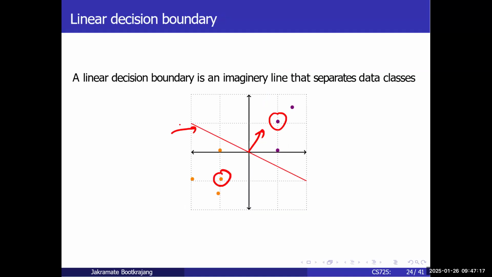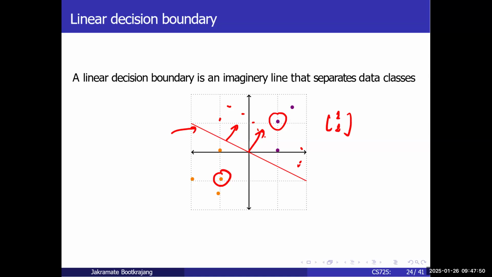So this line and this vector have the same number, right? For example, you have 1, 1. So if you write a vector, you have this 1, 1. And for all the points that are above this line, when you do the dot product with this vector, you're going to get a positive number.